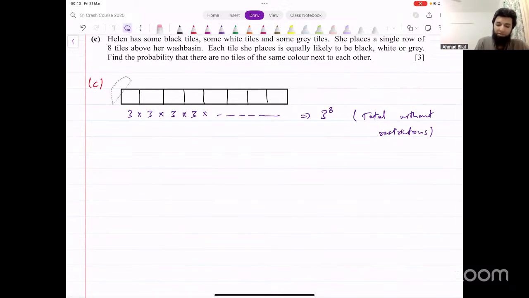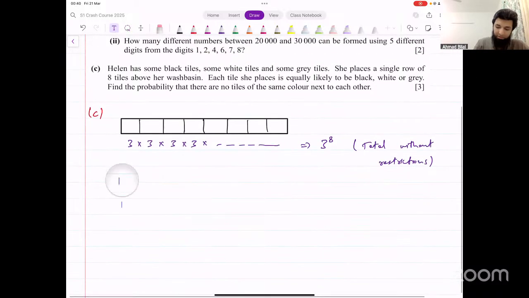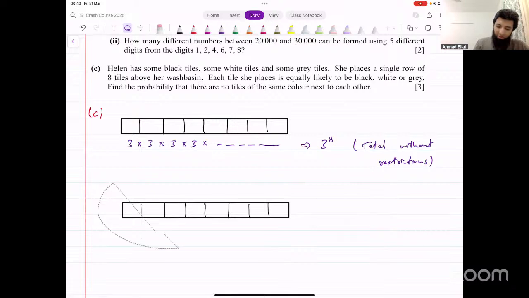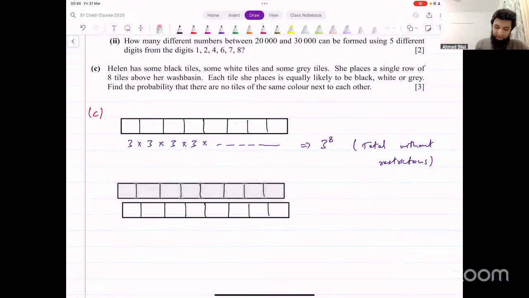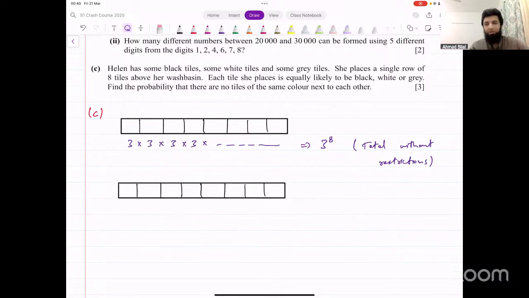Now, what's the restriction? The restriction is no 2 tiles of the same color should be next to each other. Now, if no 2 tiles of the same color can be next to each other, how many options do we have for the first box? Again, we've got 3 options for the first box, right? We can have any of the 3.